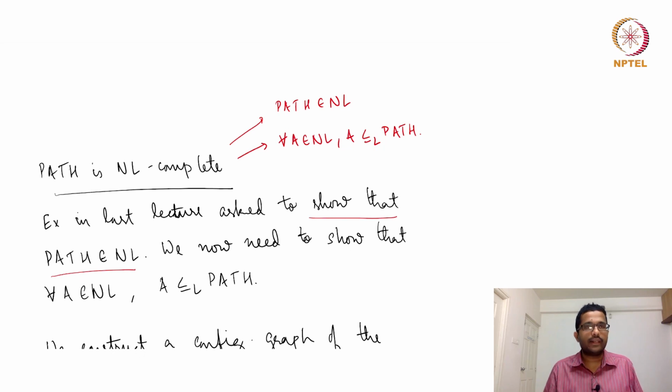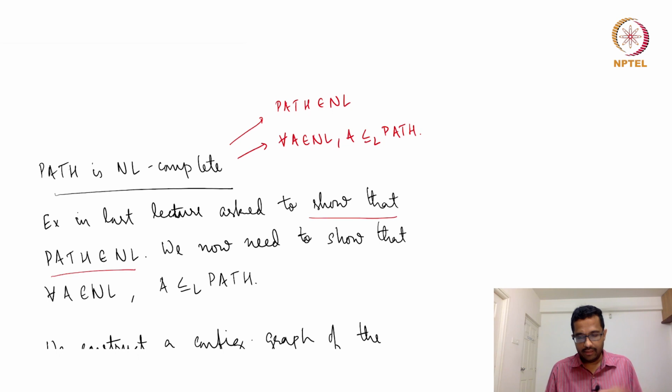To decide whether T is reachable from S, one way is to just guess a path, a sequence of vertices, say S, V1, V2, and so on, up to T. Now you check whether this is a valid path that takes you to T. If there is a valid path from S to T, you will guess it, and that is enough. If there is no valid path, whatever you guess will lead to reject. So that is the high level idea, and you can work out the details.